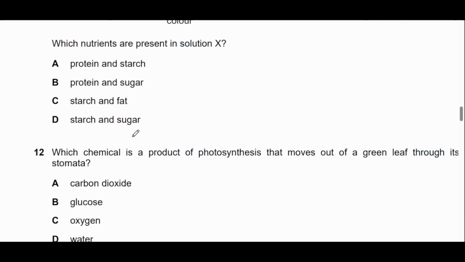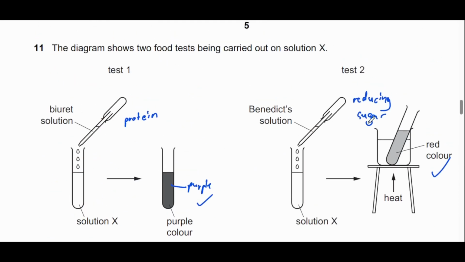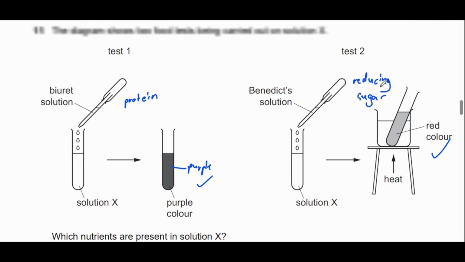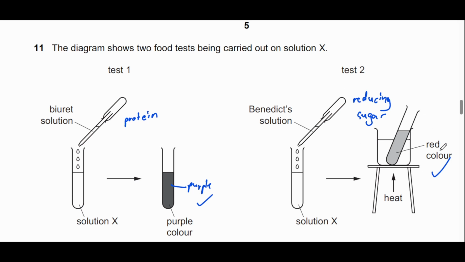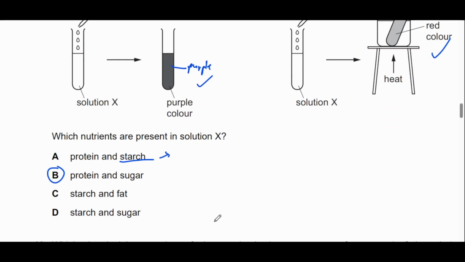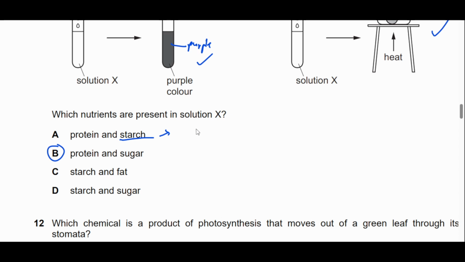So therefore, the answer is protein and sugar, B. It's not protein and starch because in starch, the glucose are all in one molecule. But since you're testing for reducing sugar, the glucose will not react with the Benedict solution to produce a red color because it's in one long molecule instead of being individual glucose molecules. So if you want to test for starch, you would use iodine solution.